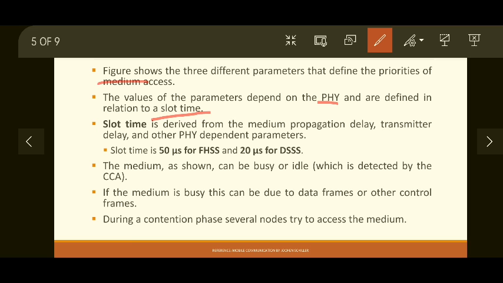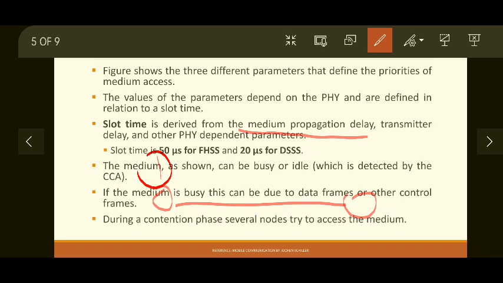What is slot time? Slot time is derived from the medium propagation delay. That means how much time it takes to deliver a packet from sender to receiver. That is propagation delay, how much time it spends in the air. Then transmitter delay, how much time it takes to transmit a packet from a node towards the medium.